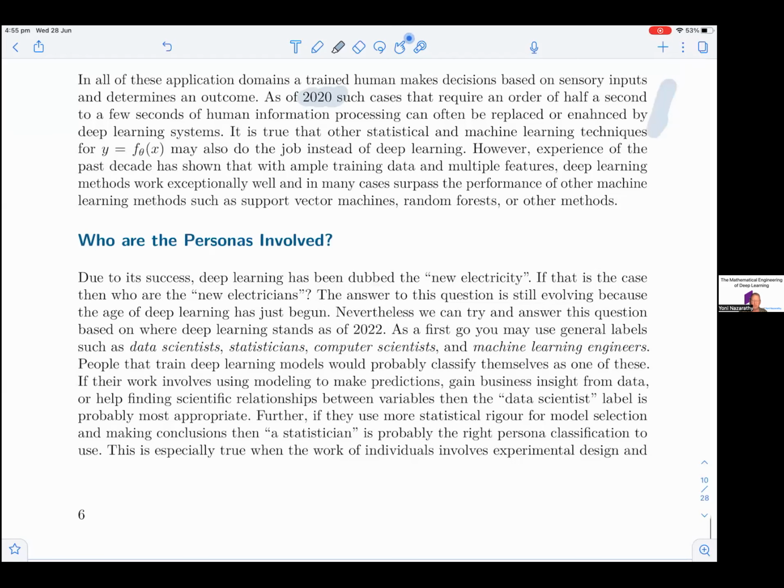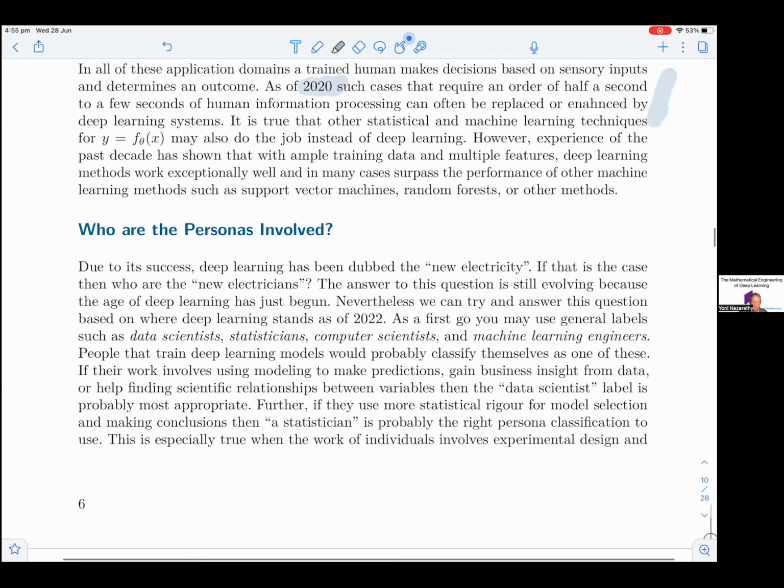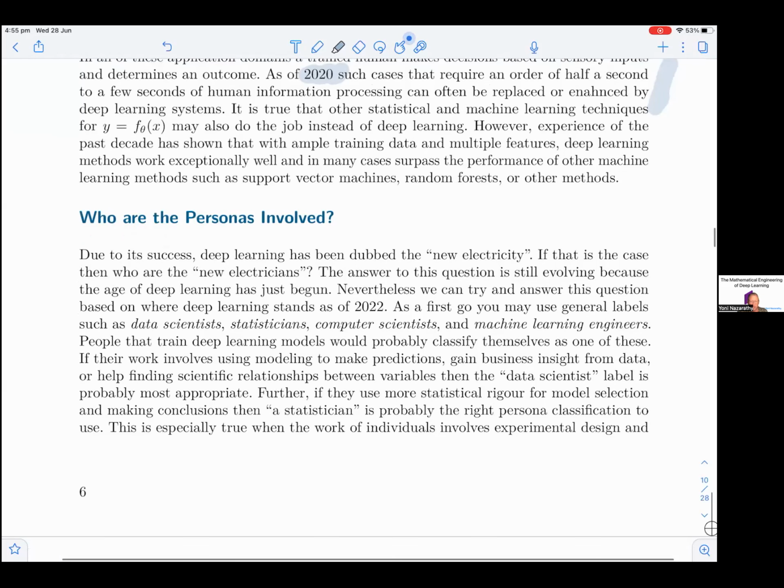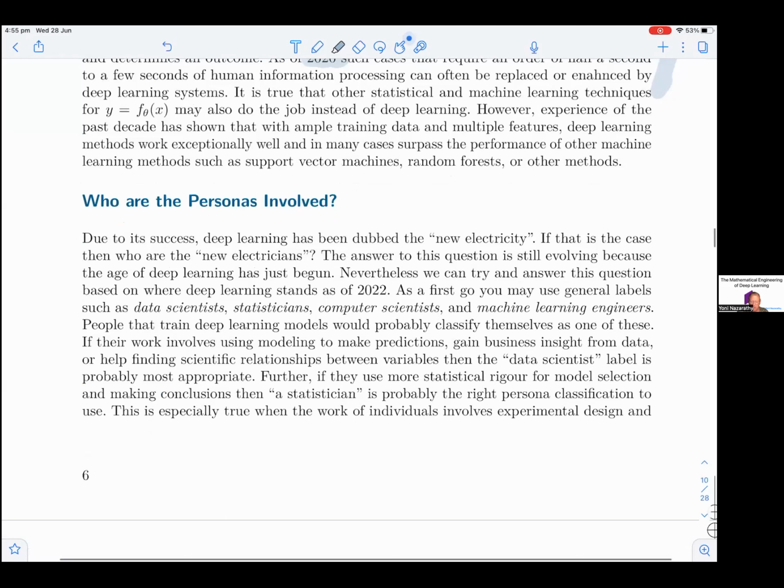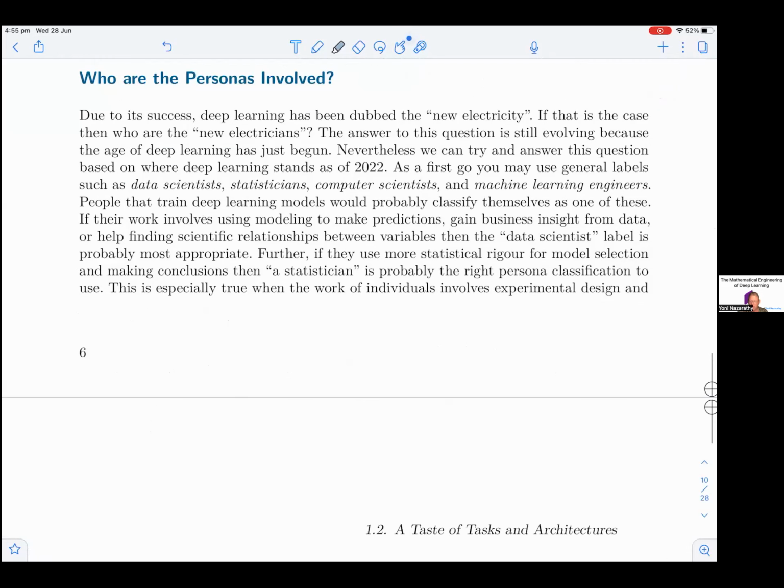Who are the personas involved? Due to its success, deep learning has been dubbed the new electricity. If that is the case, then who are the new electricians? The answer to this question is still evolving because the age of deep learning has just begun. Nevertheless, we can try and answer this question based on where deep learning stands as of 2022.